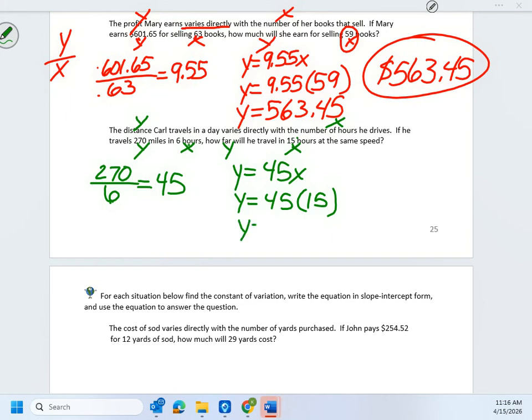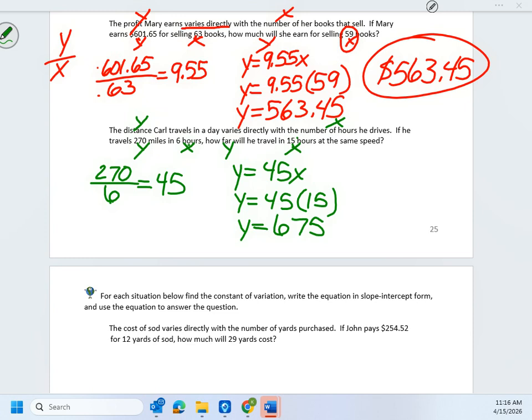What is 45 times x, Colton? 675. Now, I am going to look, does 675 miles make sense? So if he went 270 miles in 6 hours, and now he's going 15 hours, is it going to be more or less? It's going to be more.